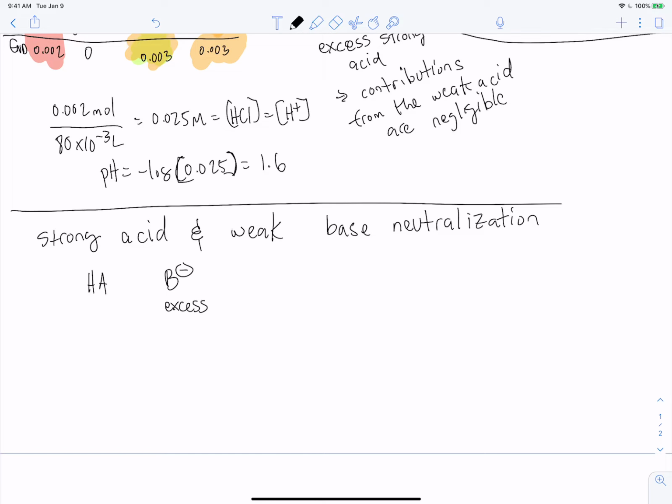So in Roman numeral 1, we have excess weak base. We want to use the Henderson-Hasselbalch equation, which I'm just going to write the equation out because I think it's shorter than writing out their names.